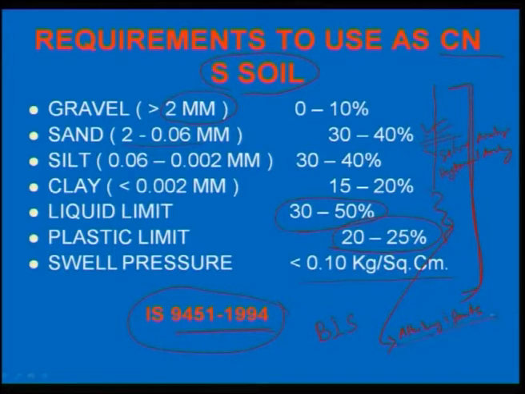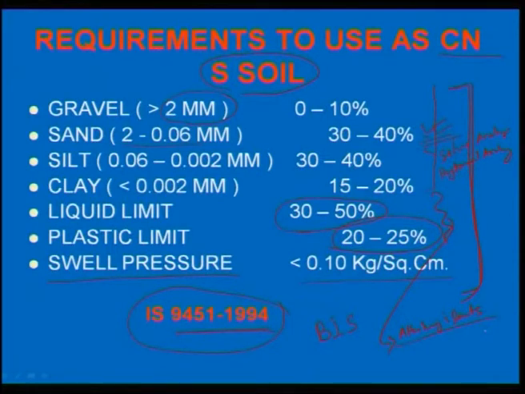Atterberg limits are your liquid limit, plastic limit and shrinkage limit, as I discussed earlier. And the swelling pressure test, you can do in the laboratory by taking this material and mixing it with the soil, so that the pressure should be less than 0.10 kg per square centimeter.